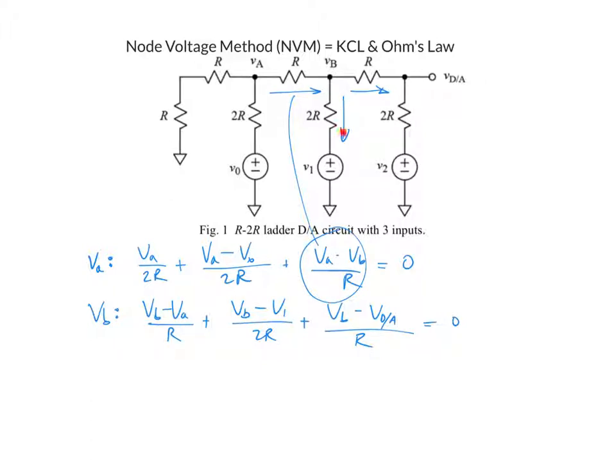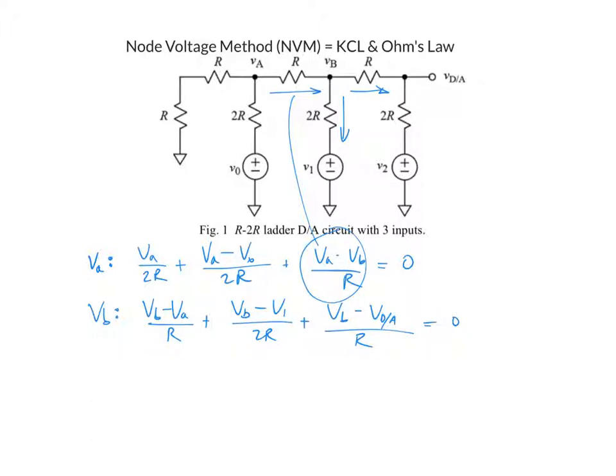So this current going out, this current going out, those are positive. So this guy right here is this guy right here. Then this guy, I'm saying it's positive going out, VB minus VDA. This guy, since it's going in, I have to put a minus sign in front of it. And this current is this guy. So if I put a minus sign in front of that, then that's what I get right here. So you see, it doesn't matter which direction I put this current, the sign works itself out.